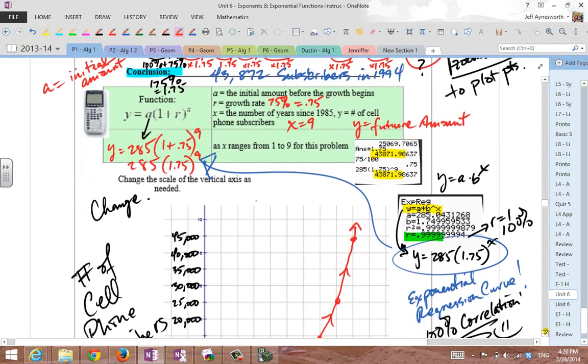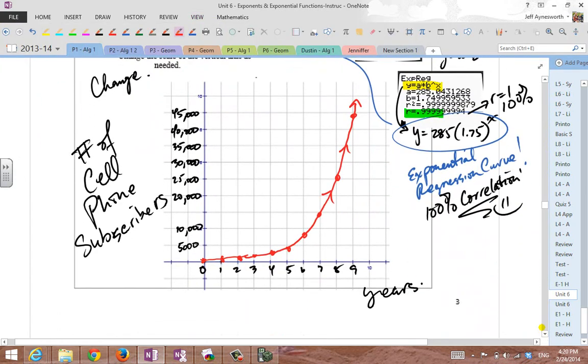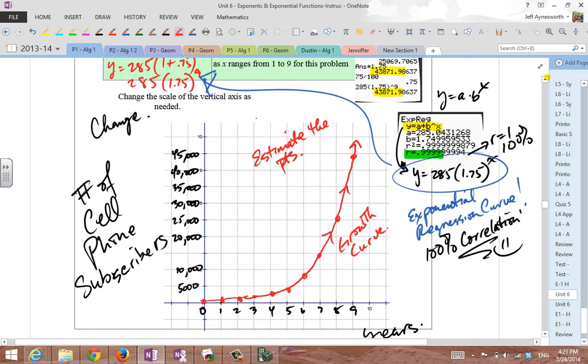That's cool technology. So estimate the points, graph them all, and you can see that it's a growth curve. It has to be. Everything's increasing every year by 75%.